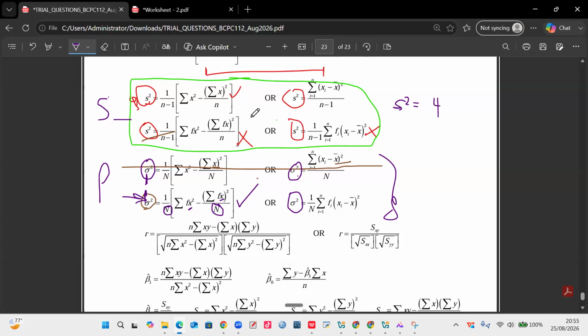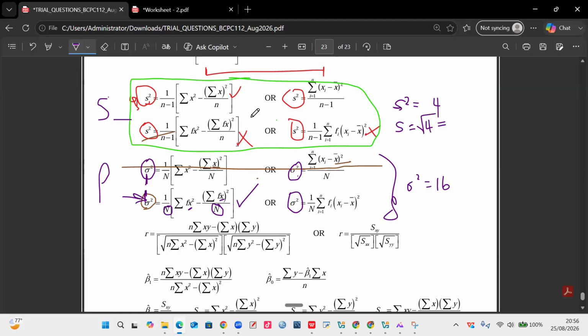Let's say the population variance is S squared equals 16. To find the standard deviation, simply move the square away, let the S stand alone. When the square crosses the equal sign to the right, it becomes a square root. So we are going to have the square root of 4. What is the square root of 4?